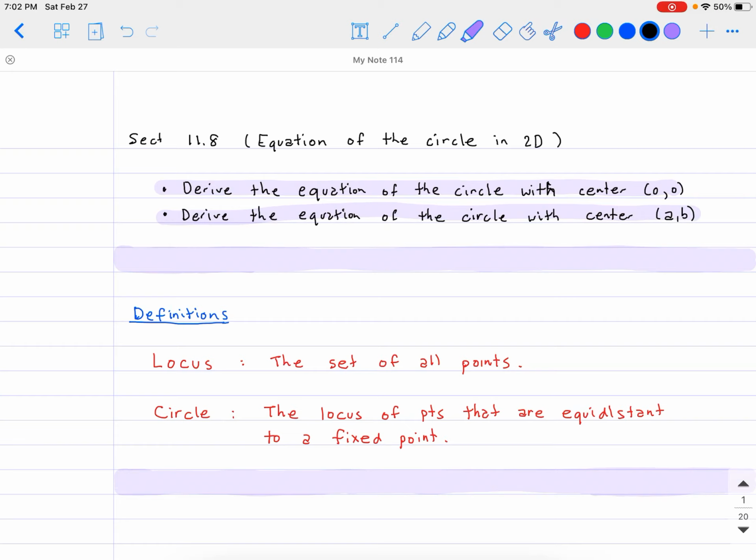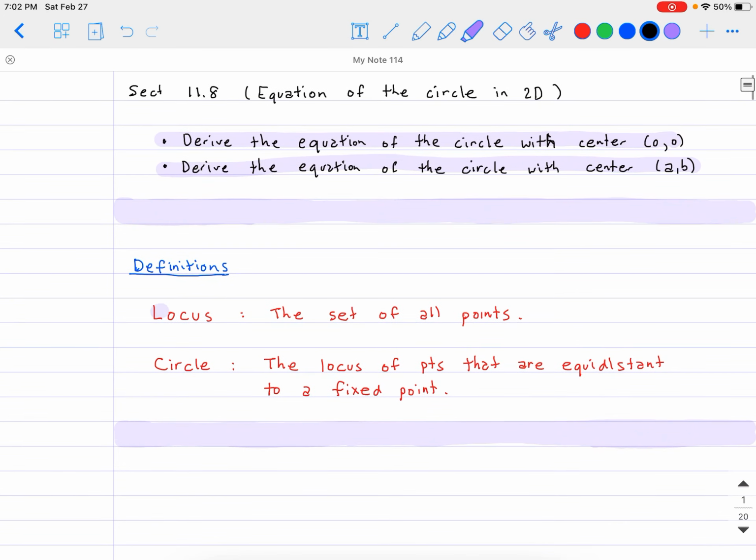But before we do so, I want to introduce a new terminology that you guys need to actually know, and it's something that we've been kind of using in the past, but we never really gave a formal word for it. So here it is. The word is actually called locus, and locus by definition in geometry, at least, or in the math terms, it means the set of all points.